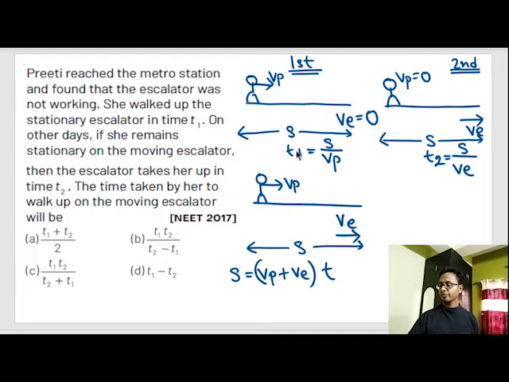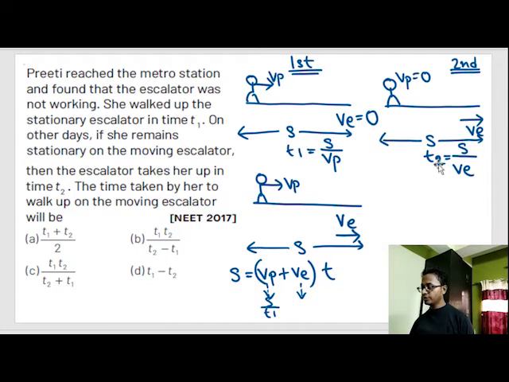So Vp can be replaced by s by t1, the time she took on the first day. If t1 is equal to s by Vp, then Vp is equal to s by t1. Similarly, VE is s by t2.